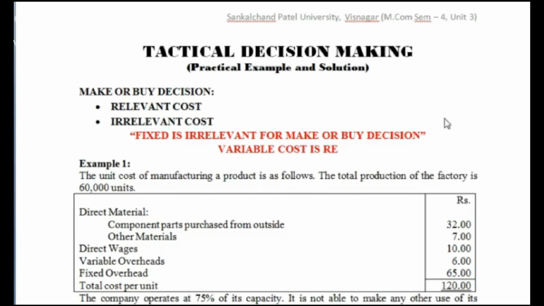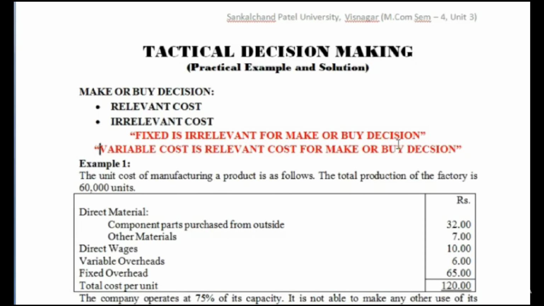Mind well, any question may be asked in your examination. So whether to purchase it or buy from outside, that is the decision we are required to take normally in our business.